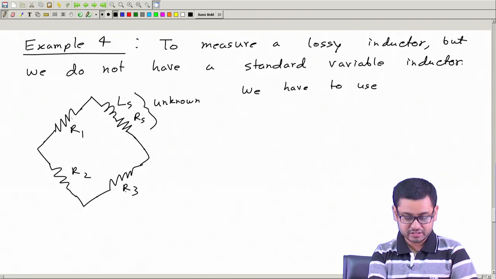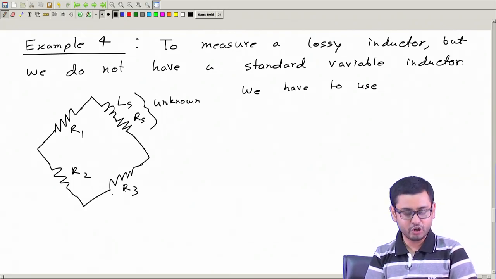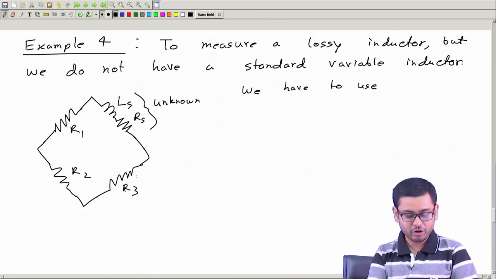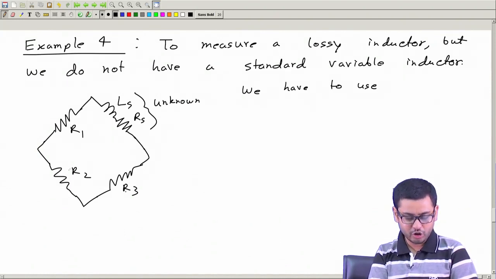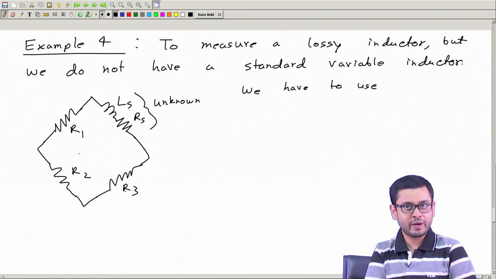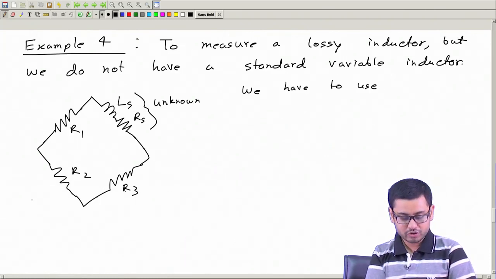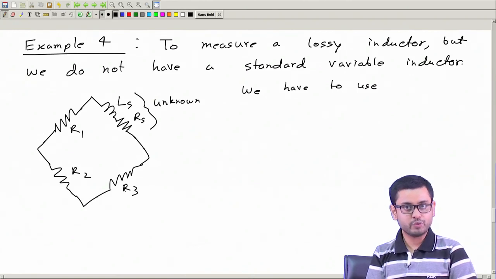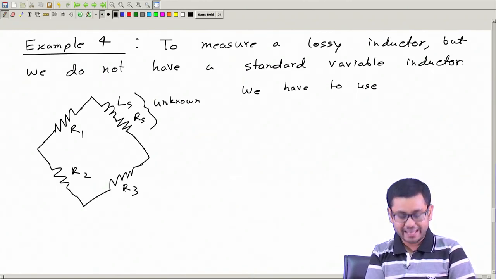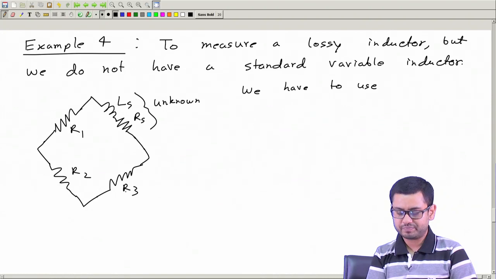The angle of this is 0, the angle of this is 0. So this plus this is 0, but this angle is something between 0 and 90, and this is 0. So their sum is between 0 and 90. So the angle condition is not satisfied. So this is not possible. We cannot balance it using resistance only.